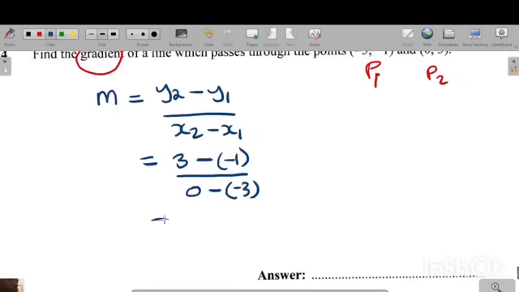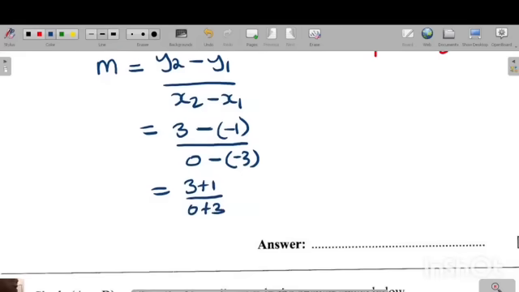Okay? So you have 3. So first of all, you're going to say negative times negative, you have positive. So you have 3 plus 1 over 0, then negative, negative. So here you're going to have 0 plus 3. All right.